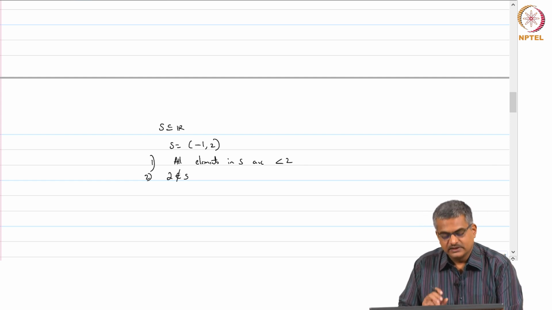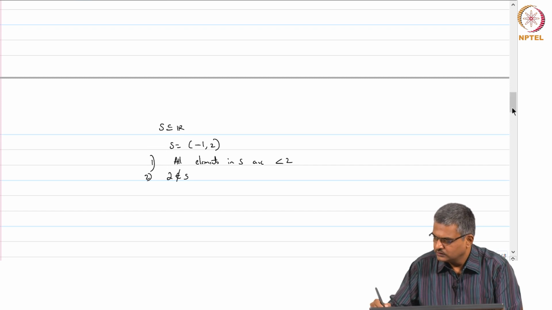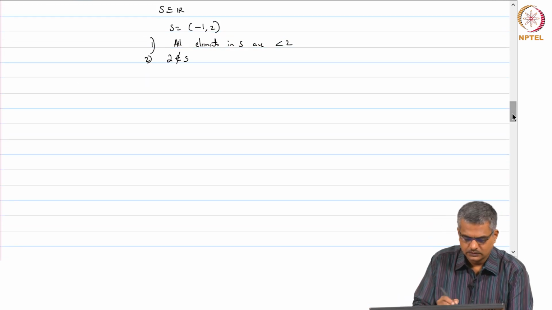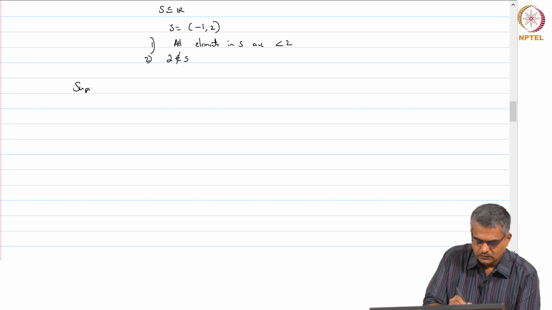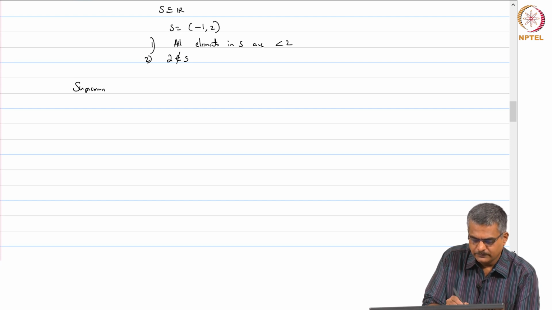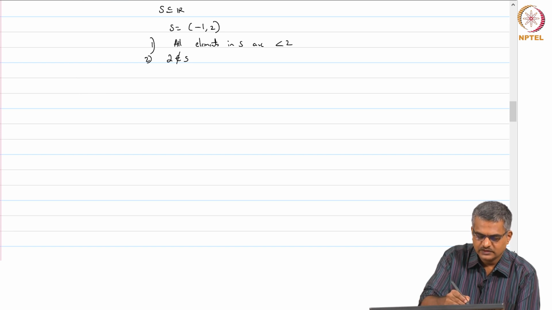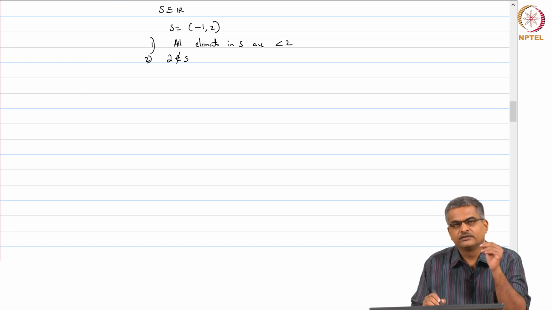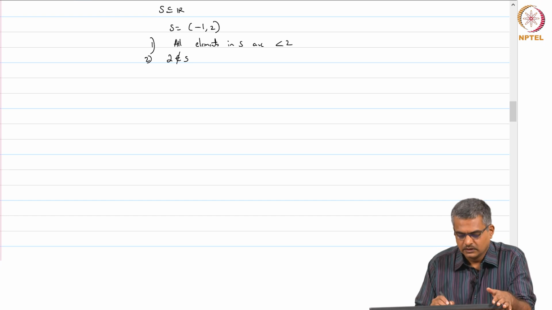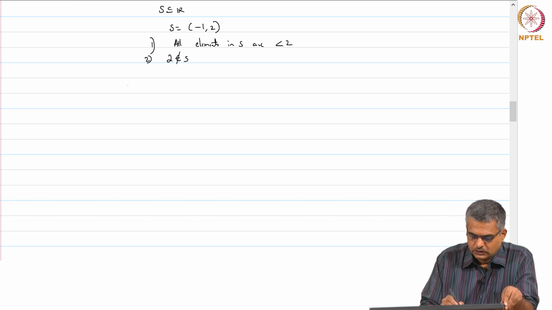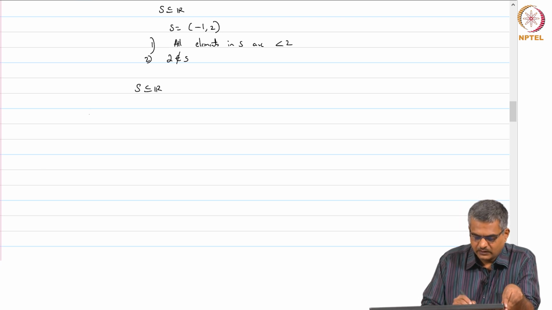So, let us capture this in a notion called supremum of a set. So, this notion holds for only subsets of the real line, right, not subset of Rn. So, S is subset of R, right.